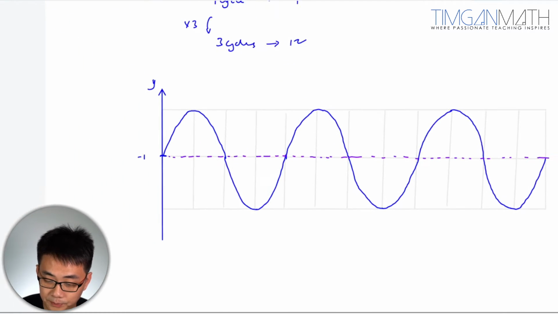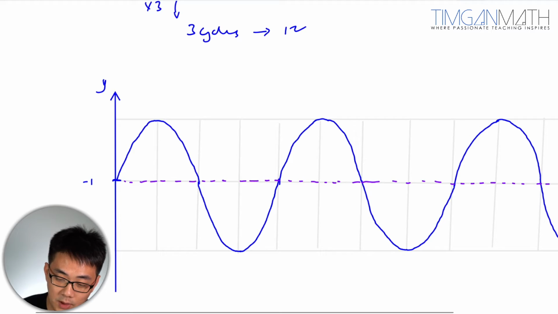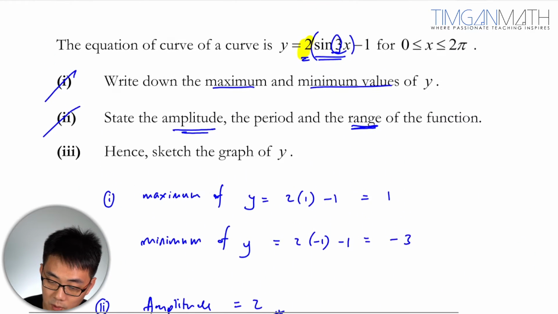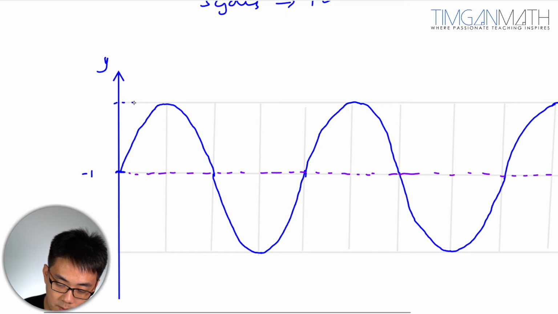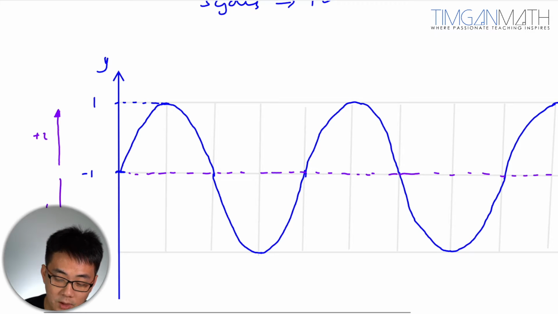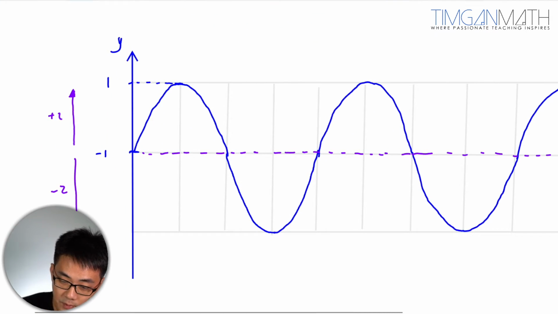Now the amplitude here will be 2, so I'm going to draw 2 here. So negative 1 plus 2 here will be 1, because the amplitude is 2, so you just add 2. And minus 1 minus 2, because the amplitude is 2 units below, would be negative 3.